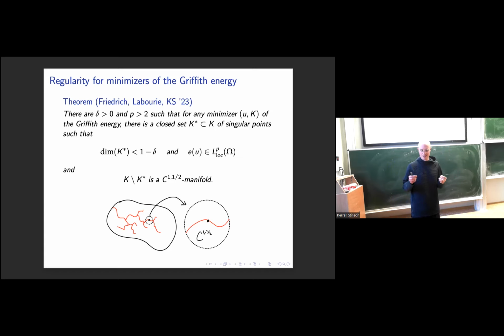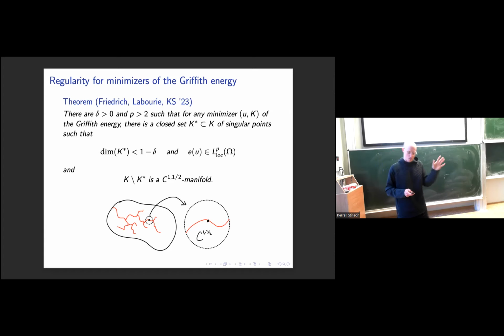So the number of these points is strictly less than the surface measure. Such that if you take any point belonging to the crack that's not one of these singular points, you can find some smaller radius such that the surface is actually a smooth surface. And so that's exactly what's happening in this picture. I've taken a generic point, or almost generic, and I can zoom in on some small scale, and it's a regular surface.